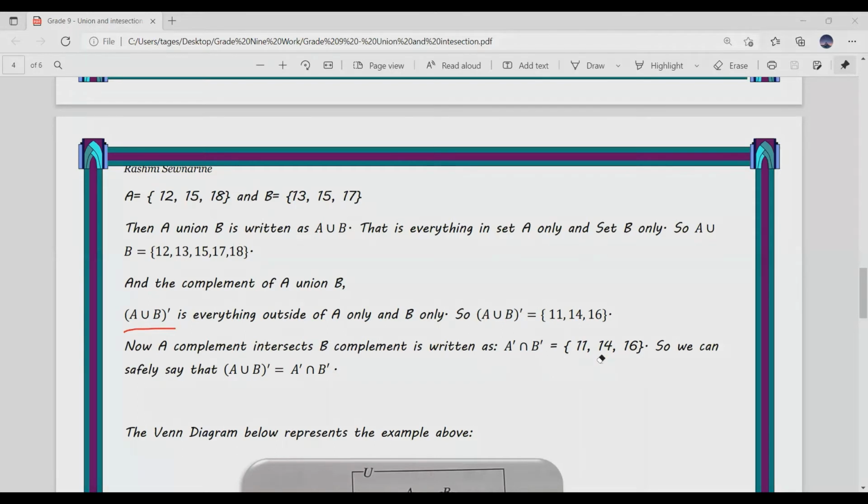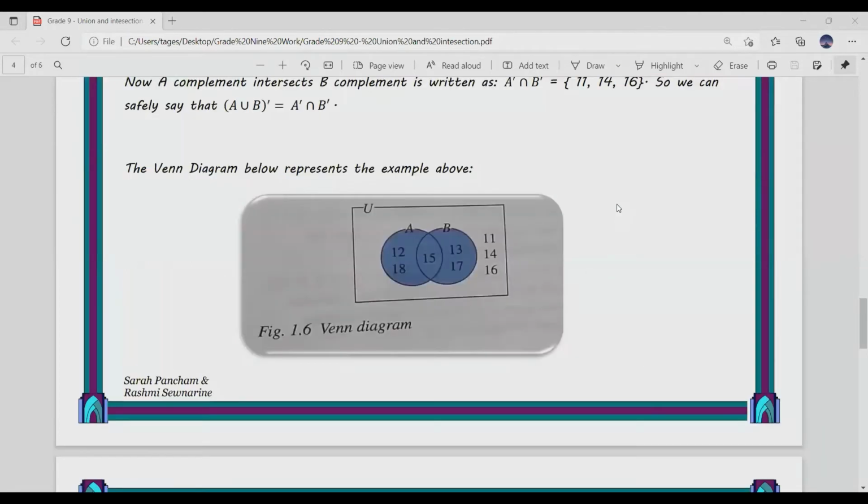So let's take a look at the Venn diagram that is going to be used to represent this information. Like we said, it's the same as the previous example, just that they highlighted the union of A and B. A union B complement is everything that is here.